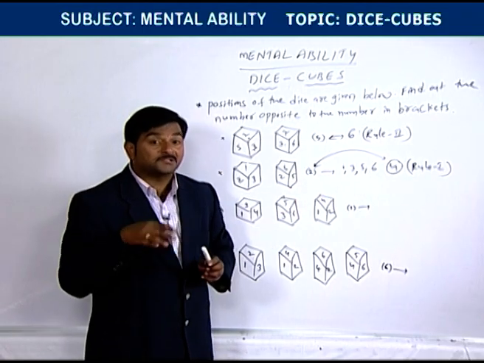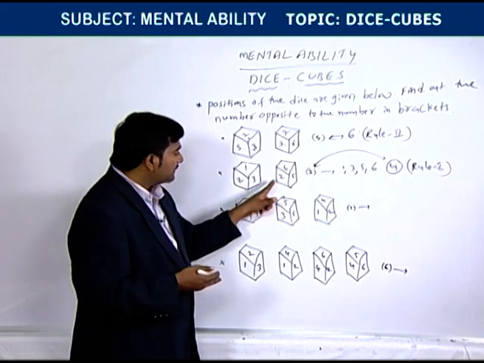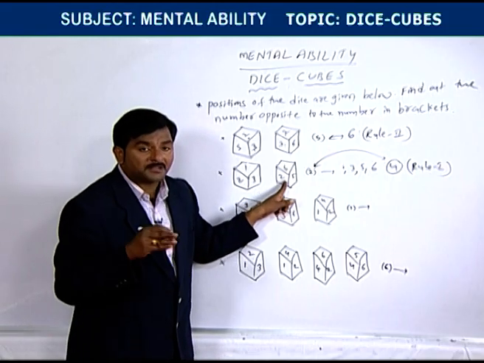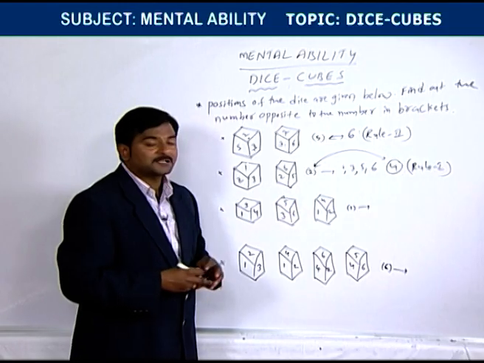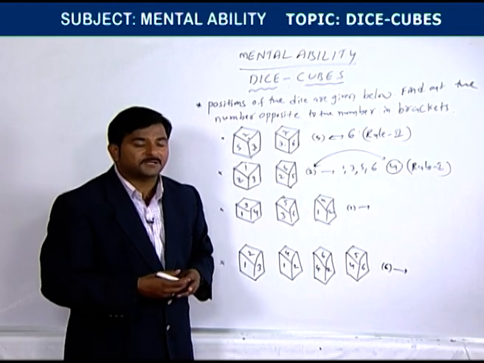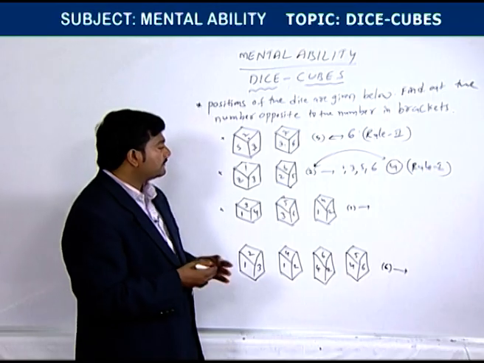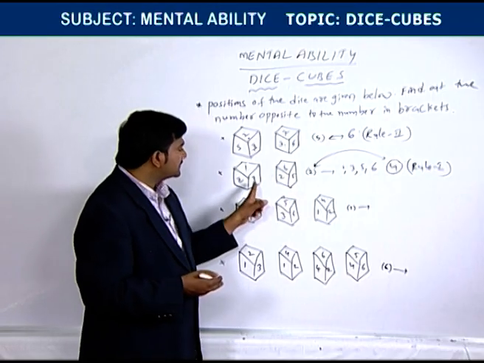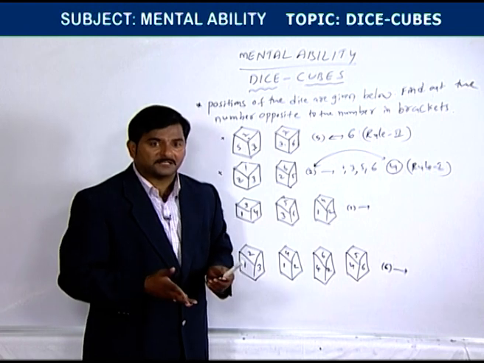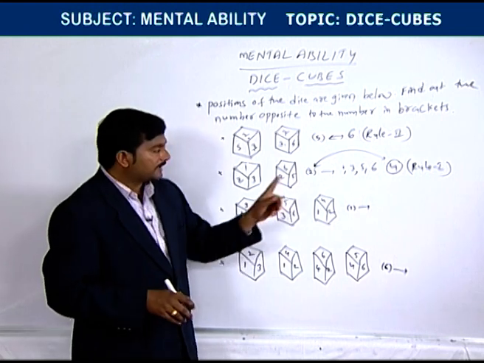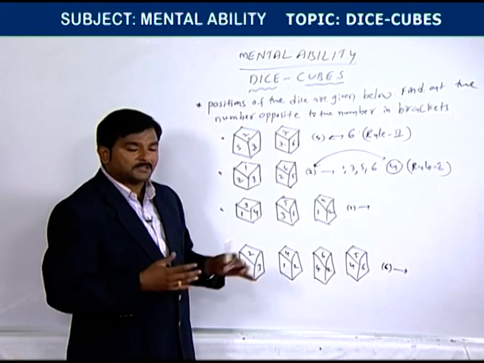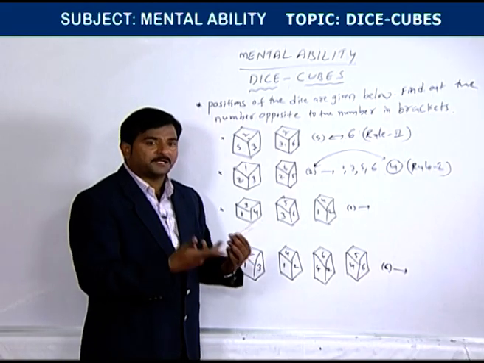We will apply rule 3, because one number is common and that common number occupies the same position. Here 2 is on the same surface, and here also 2 is on the same surface. That's why according to rule 3, 1 is opposite to 6, 3 is opposite to 5, like that. But he asked to find which number is opposite to 2, not 5. Hence I applied rule 1. Randomly, however, you can apply any one rule.